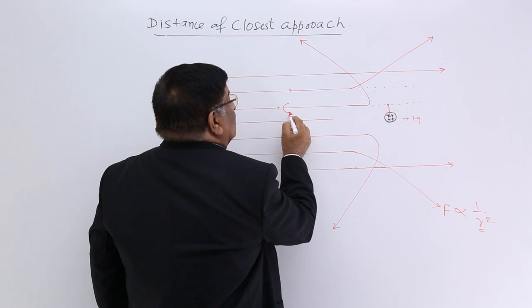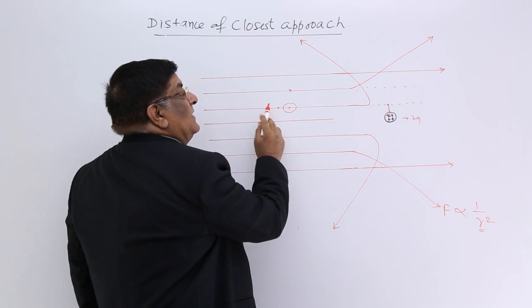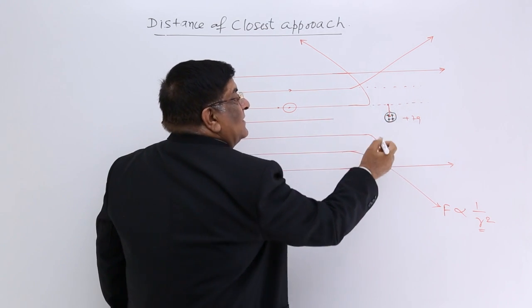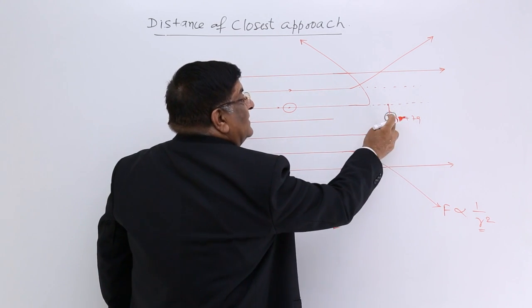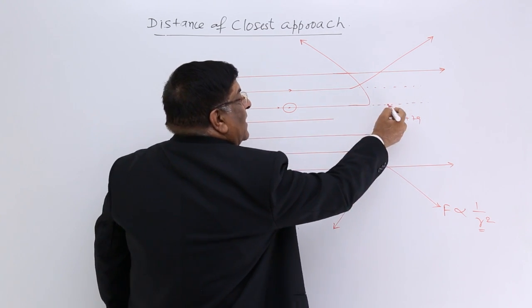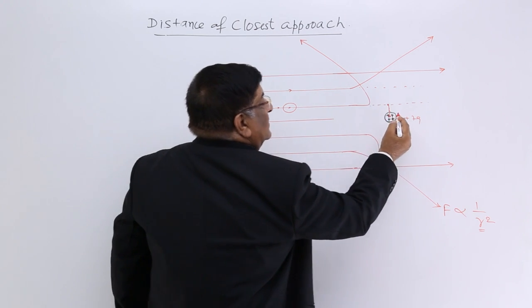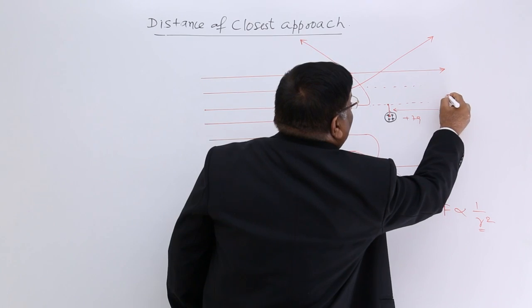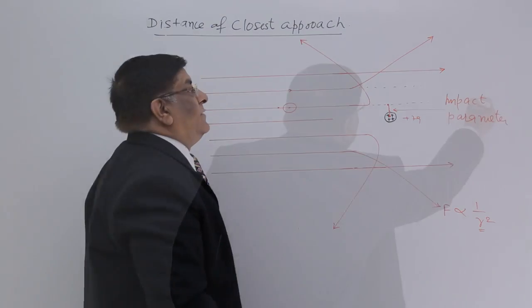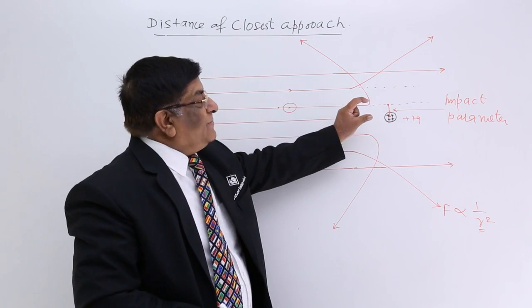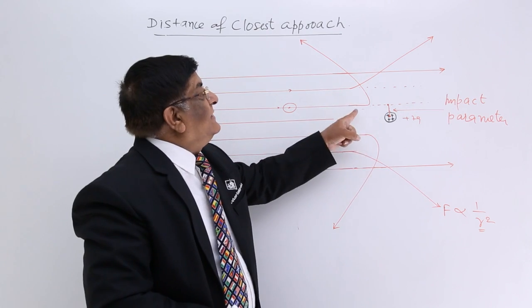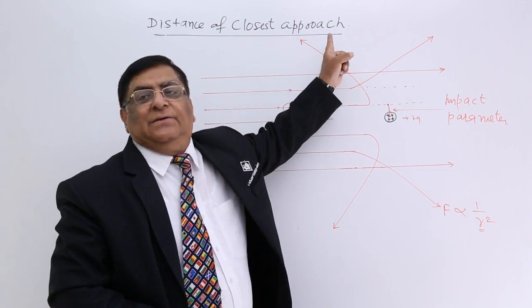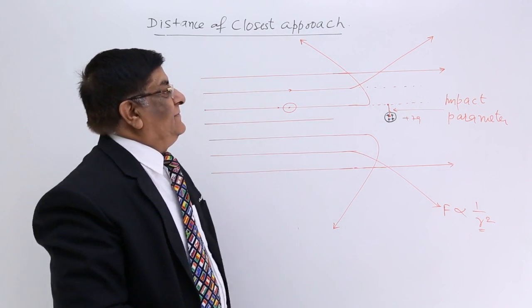What is this? The center of the alpha particle's path. And what is this? The center of the nucleus. Now, this distance between the two is called the impact parameter. The less the impact parameter, the more the effect of impact, and it will get deviated.